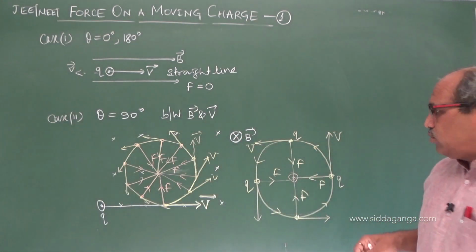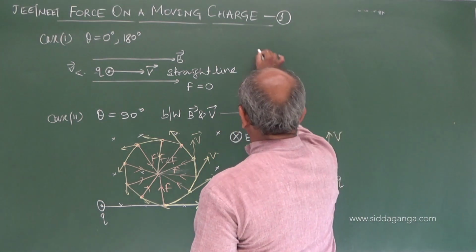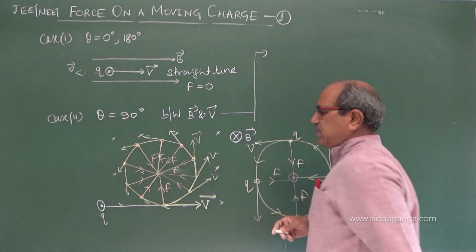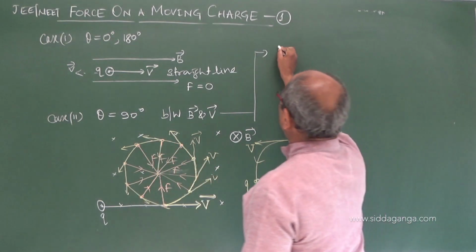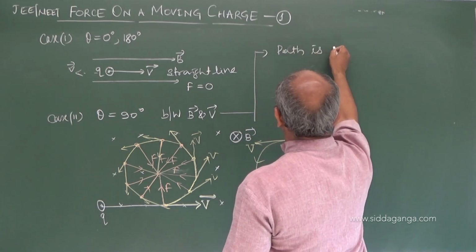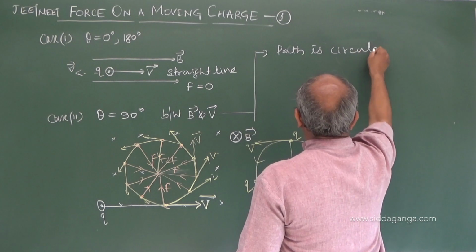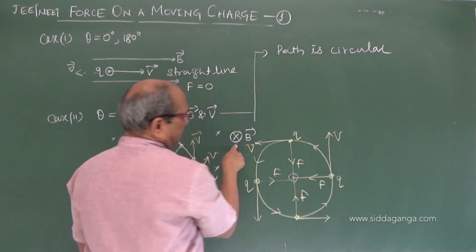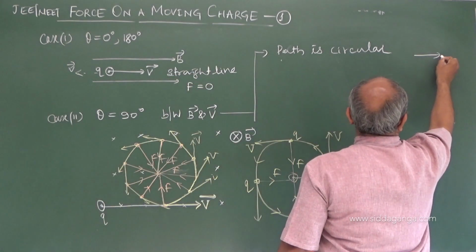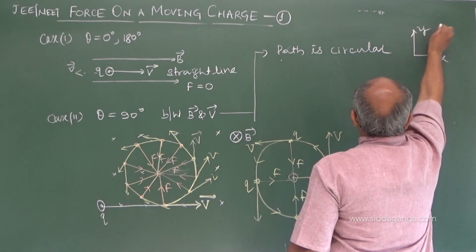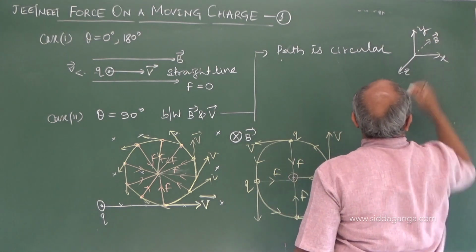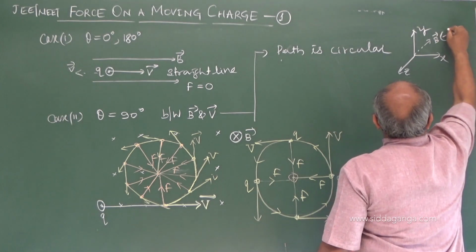So what happens in this case? When the charge enters perpendicular to the magnetic field, we come to know the path is circular. Suppose I take this as the z direction, this is x and this is y, and the z direction magnetic field is into the board, minus k.